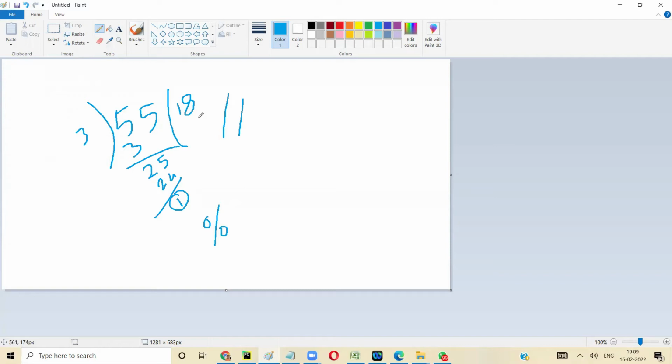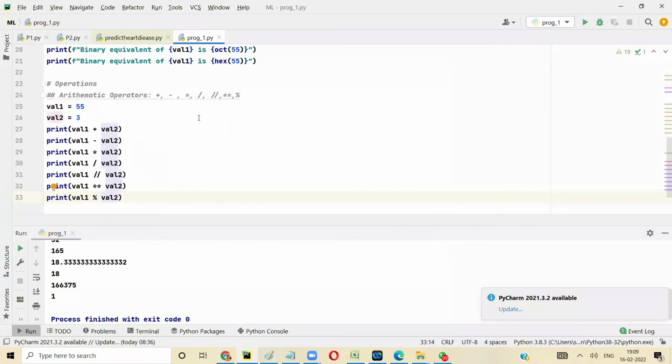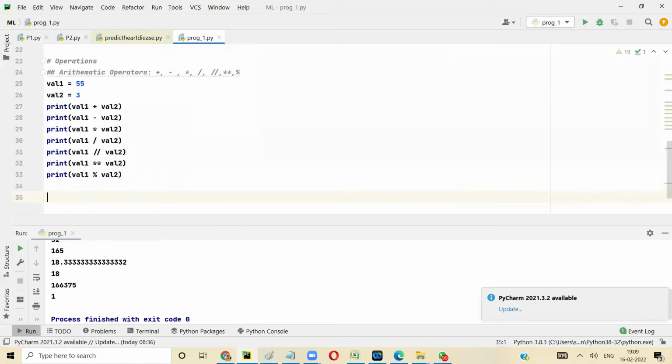Then we have something called comparison operators. You are comparing the values. So here you remember the input can be anything. Input can be integer, string, float, whatever.